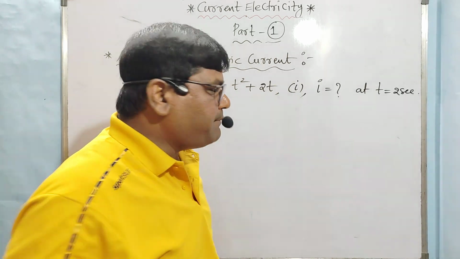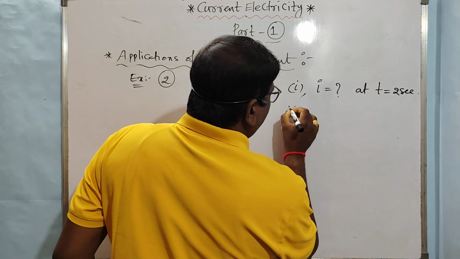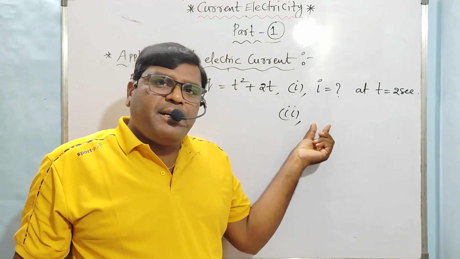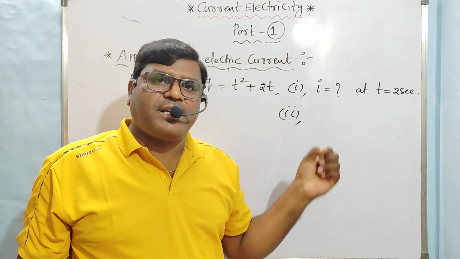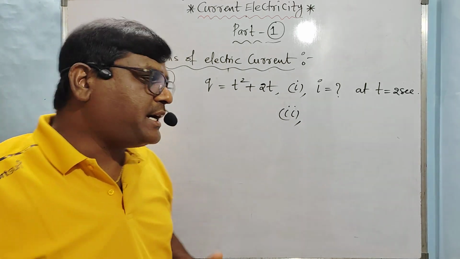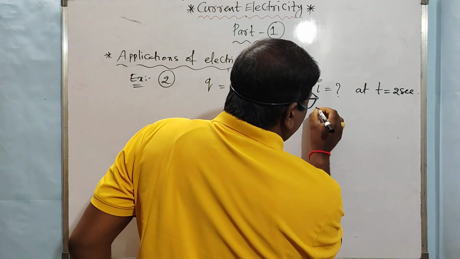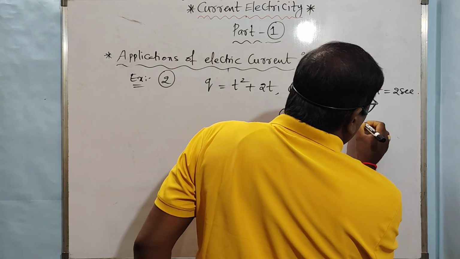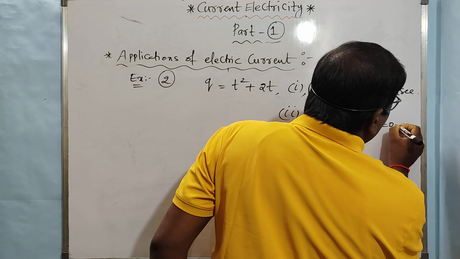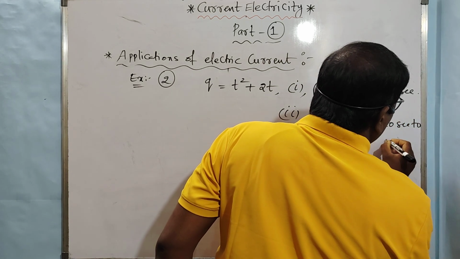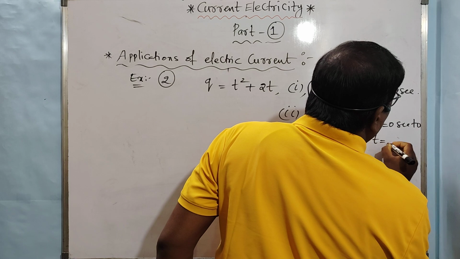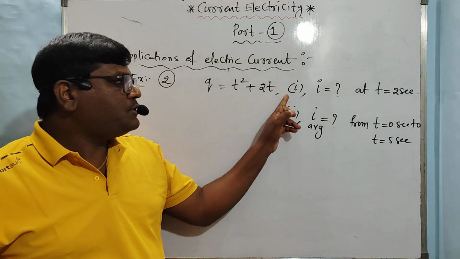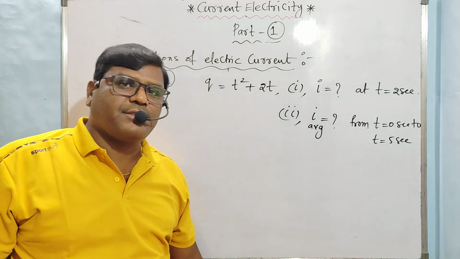Now the second question: what is the average current in the time interval from t is equal to 0 seconds to t is equal to 5 seconds? I average is equal to what? These are the two questions they are asking if the charge is given like this.